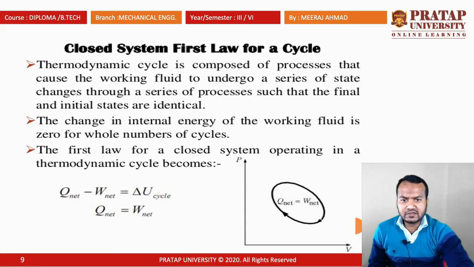The change in the internal energy of the working fluid is 0 for a whole number of cycles. So, the cyclic integral of a property of the system is equal to 0. So, you can write the first law of thermodynamics for a cycle as: net heat transfer is equal to net work transfer.